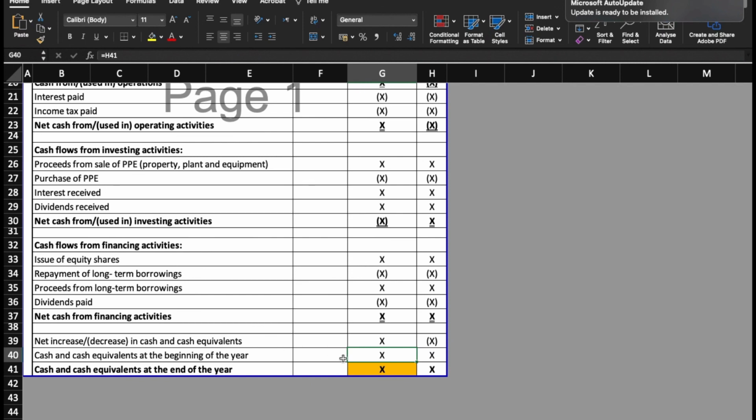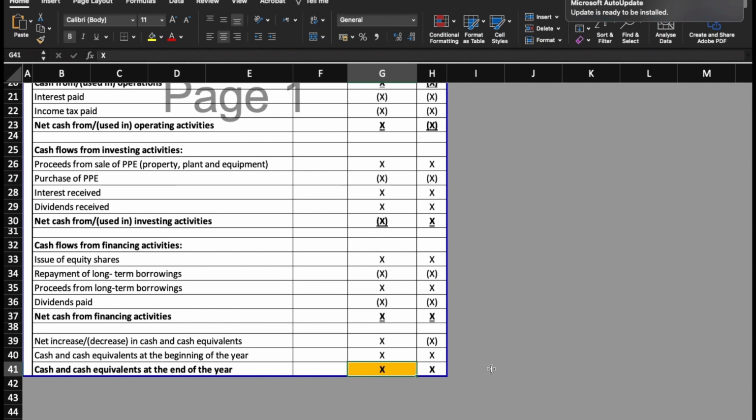Then you will reach the cash and cash equivalents at the end of the period, which is the net cash and cash equivalents generated or increased plus cash and cash equivalents at the beginning of the period. So this amount must match or equal the amount that is reflected in your financial position or at the bank.